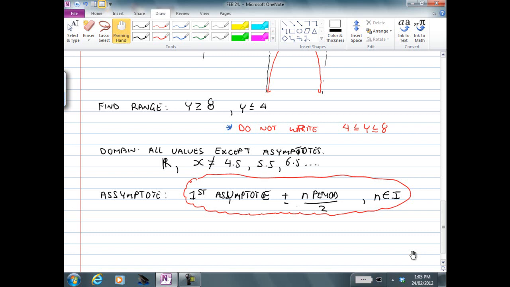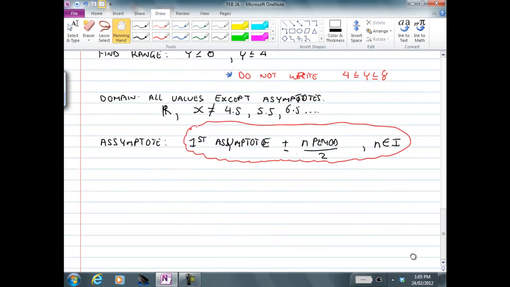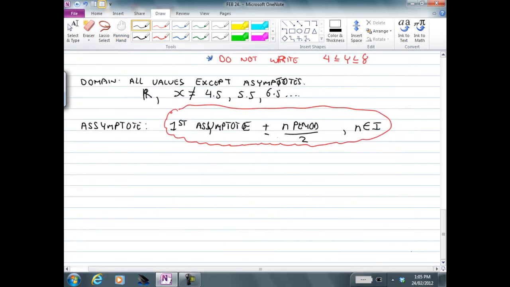So guys, gals, let's rewrite this properly. So they're going to ask you your asymptote is 4.5. Alright, so you're going to write down x equals 2. This is the difference between domain and range. Asymptote is a formula x equals 4.5 plus. Don't you mean domain and asymptote, not domain and range? Oh, sorry, domain and asymptote. N. My period is 2.